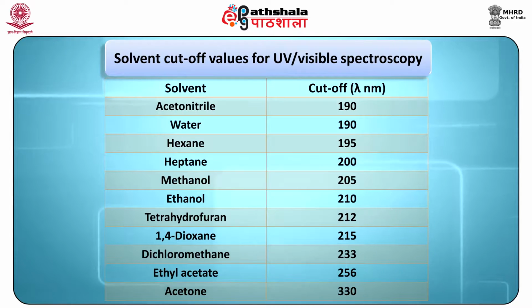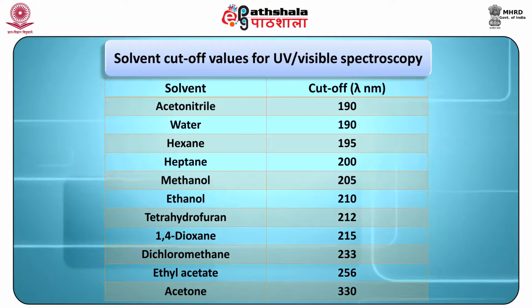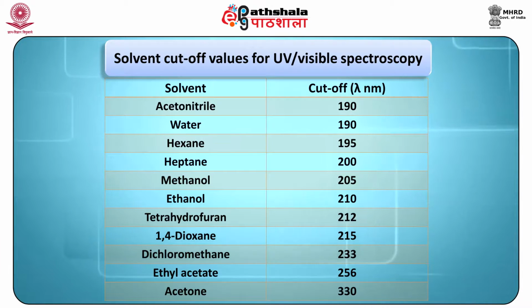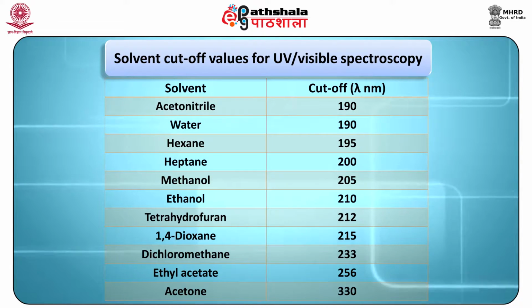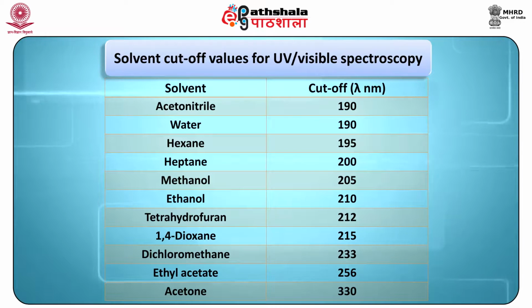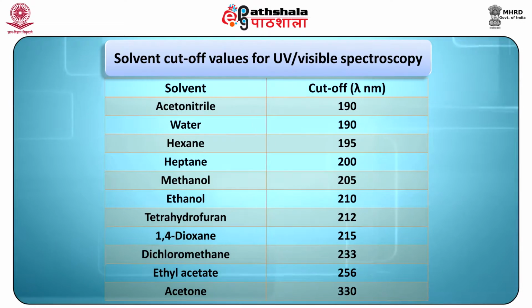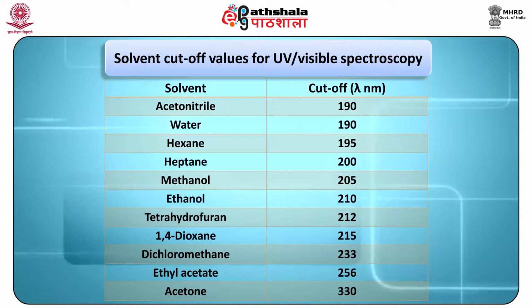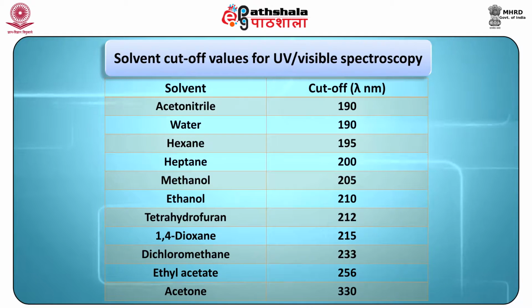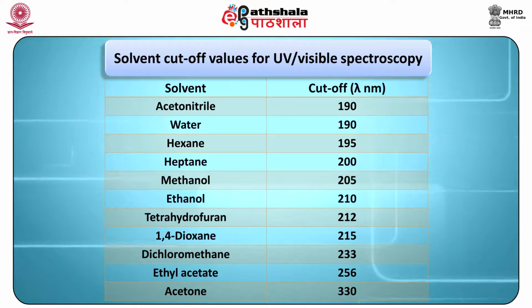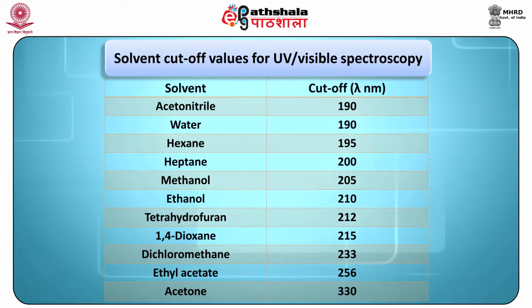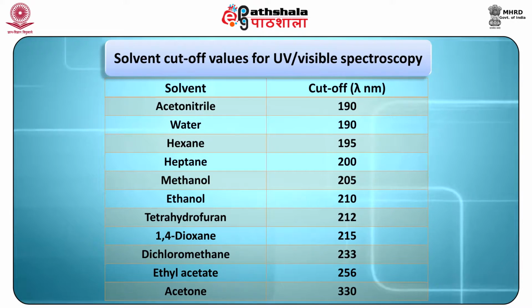It can be seen that solvents like acetonitrile and water have a cutoff wavelength of 190 nanometers. Hexane, heptane, and methanol move higher up in the series with wavelengths of 195, 200, and 205 nanometers, and further on there are more solvents with higher wavelength values.